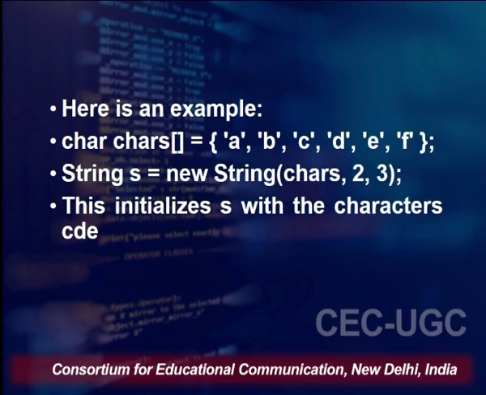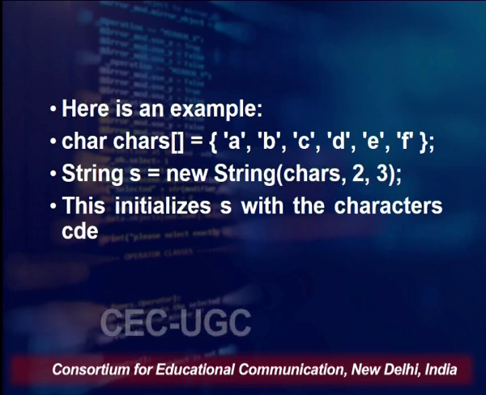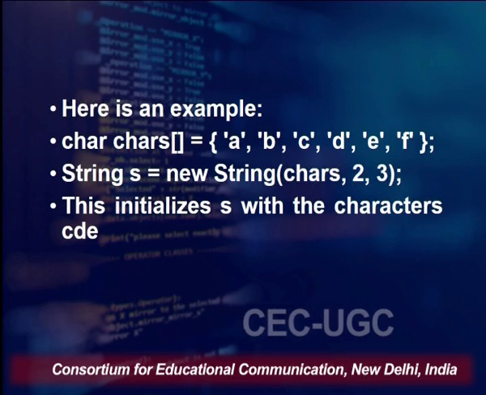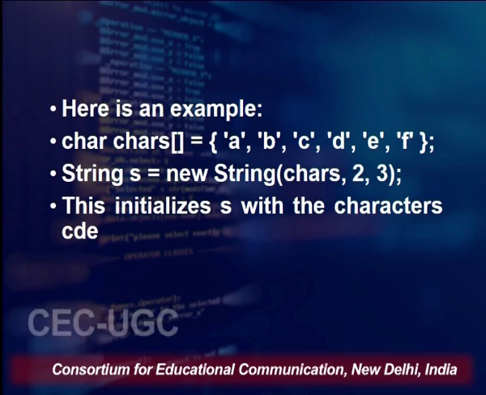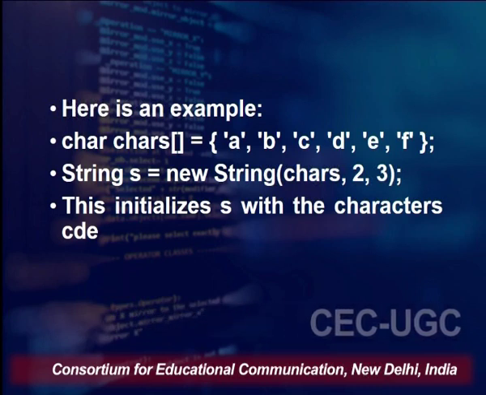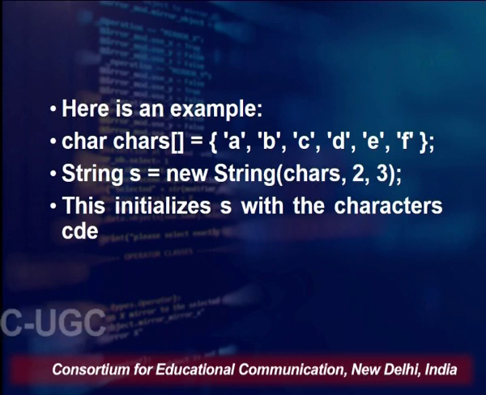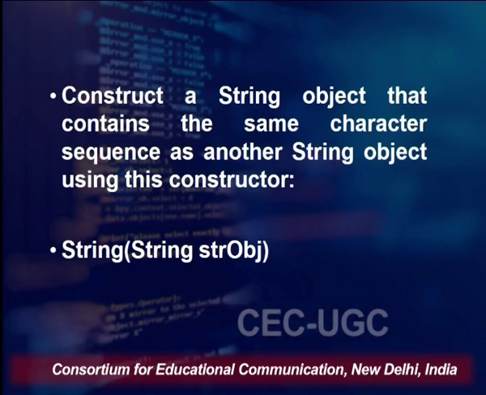Then the third one is where we specify the name of the array, the index from where to start, and the number of characters which are to be taken, as we did here. So, 3 ways of creating strings we have seen.